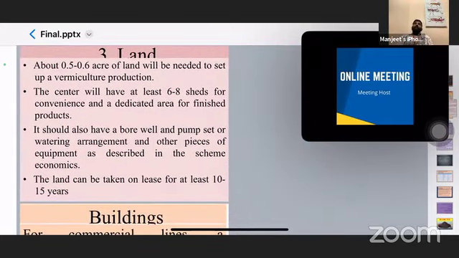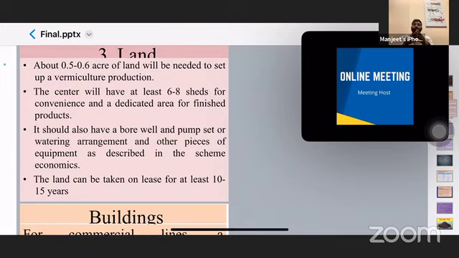So the third component is land. About 0.5 to 0.6 acre of land will be needed to set up a vermiculture production. The center will have at least 6 to 8 sheds for convenience and a dedicated area to finish the product.